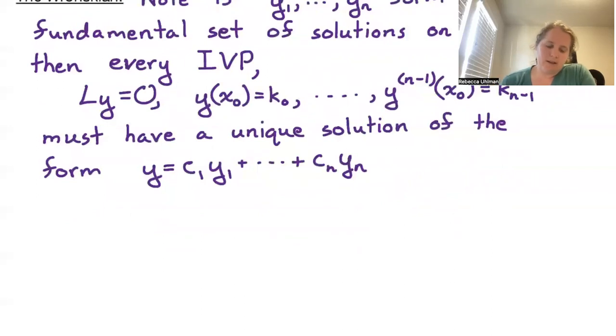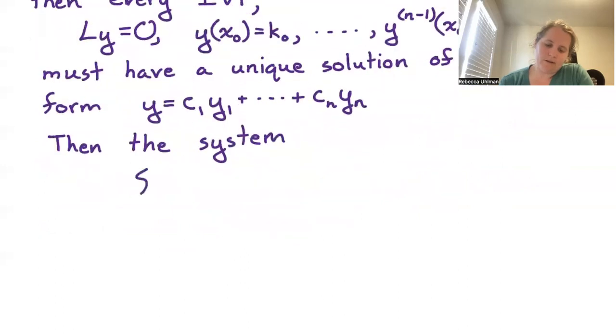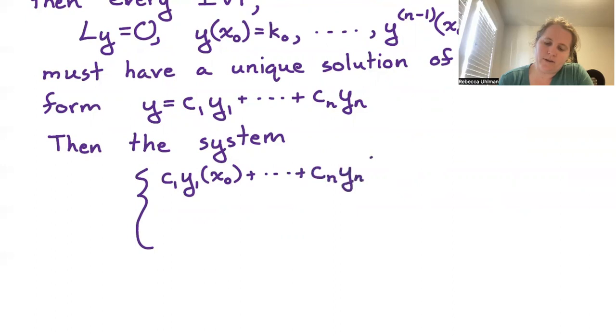So what this means then is that the system of equations, which is c1 y1 of x naught plus all the way through cn yn of x naught, that is just y of x naught, so that should be equal to k naught.